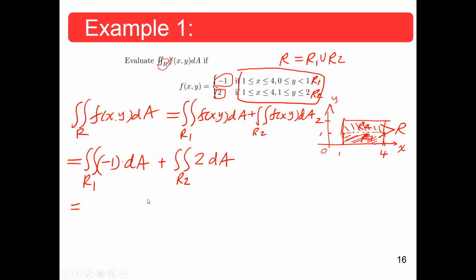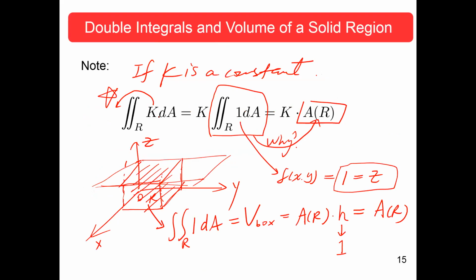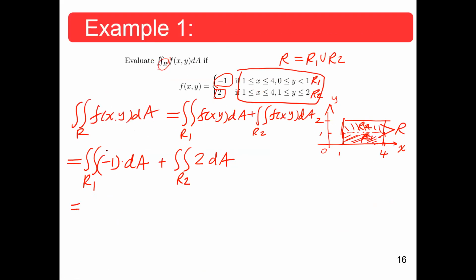Okay, can we use the note that we just put over here in the previous slide? The double integral of k dA will just be the constant k times the area of region R. So see, here's a k.